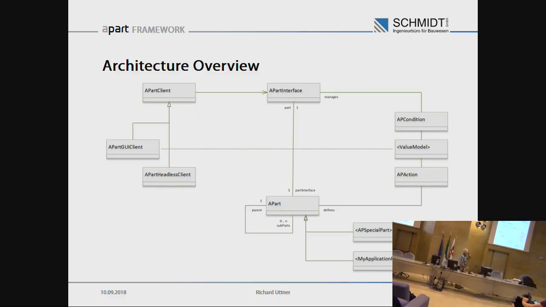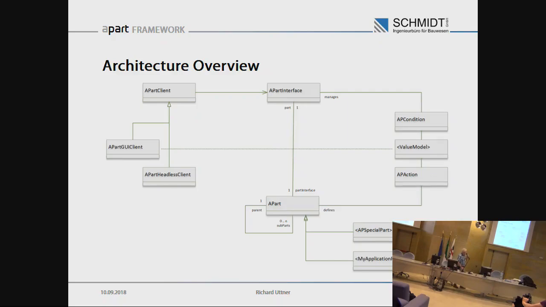It provides the access to the models that the GUI needs in order to display values, to change values, and so on. And your part, as the main object, this part class of your special class, is the one that should work without any GUI. That's the main idea of that.